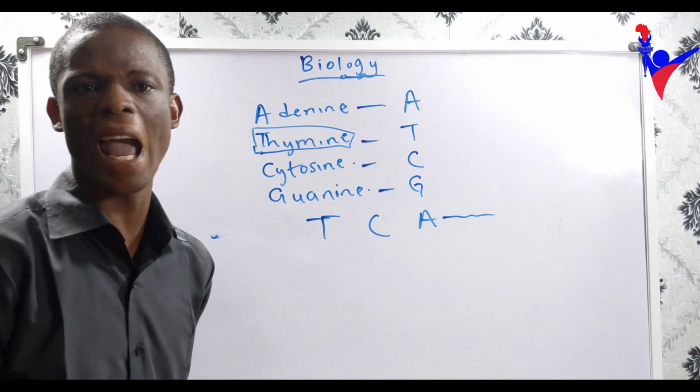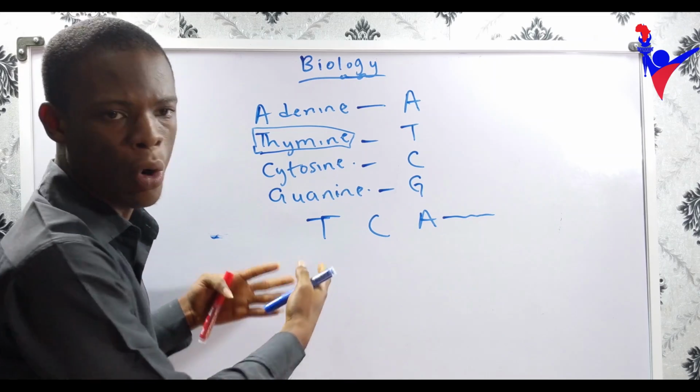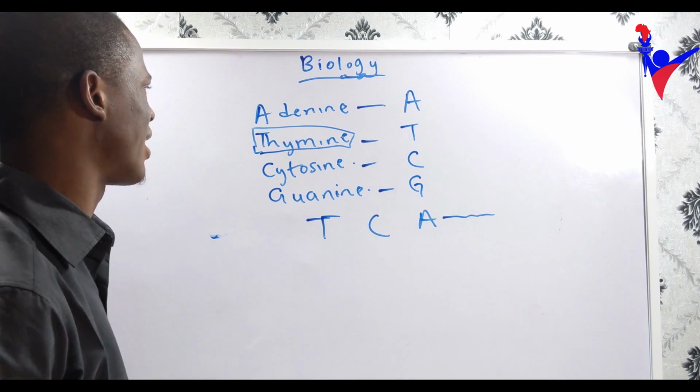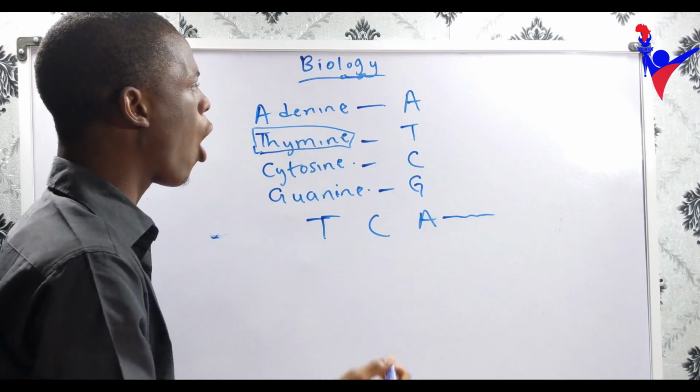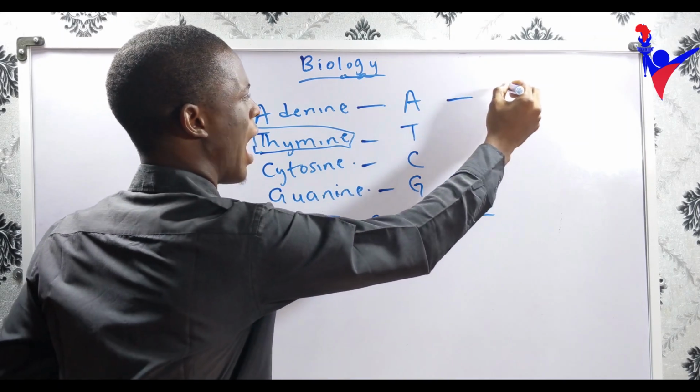And in a DNA, mind you, before I go into how we get the complementary strand, you should note that adenine always bonds with what we know as thymine.